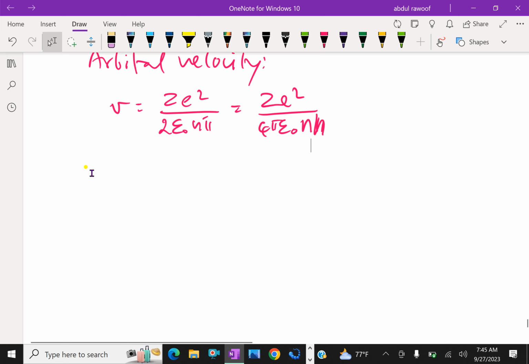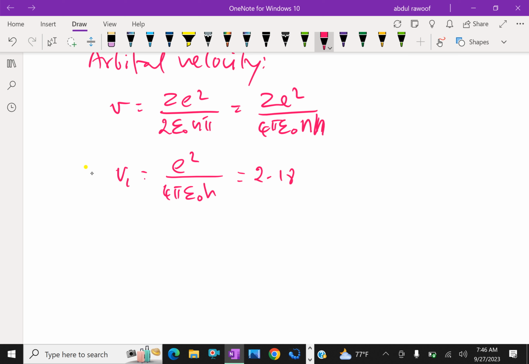From this we can write v1, the first orbital velocity, equal to e squared over 4 pi epsilon 0 h bar. By using the values, we get 2.18 into 10 power 6 meter per second, a very high velocity.